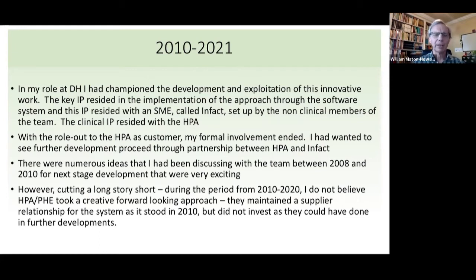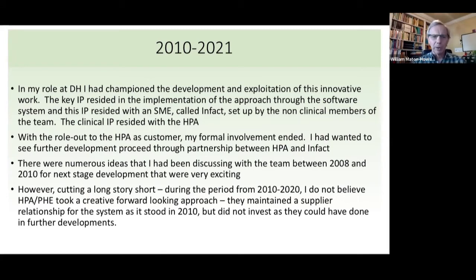The key intellectual property for the system resided in two places. There's the software, and this resided with a small company that had been set up by the non-clinical members of this team, and the clinical IP, which resided with the Health Protection Agency.